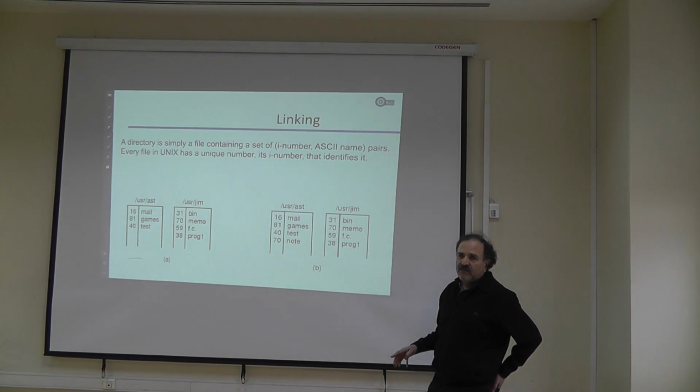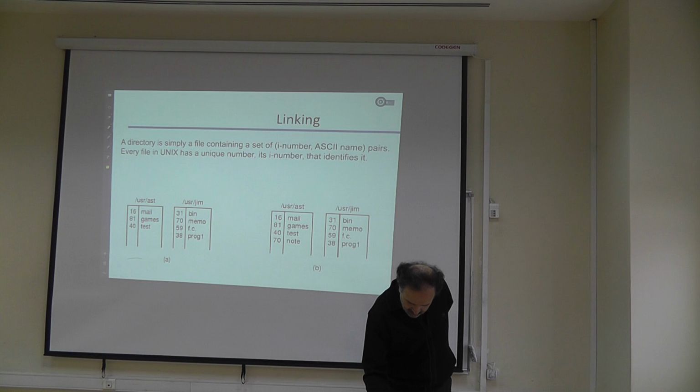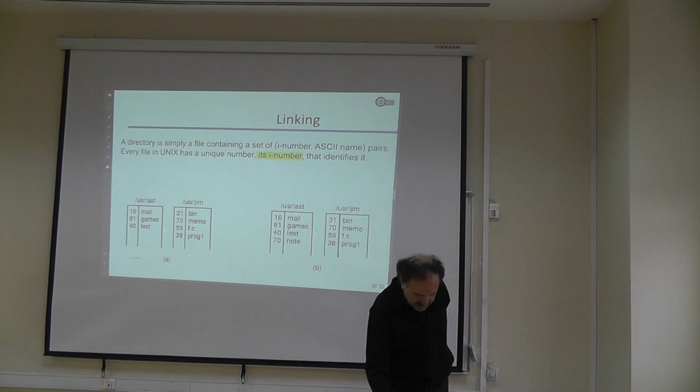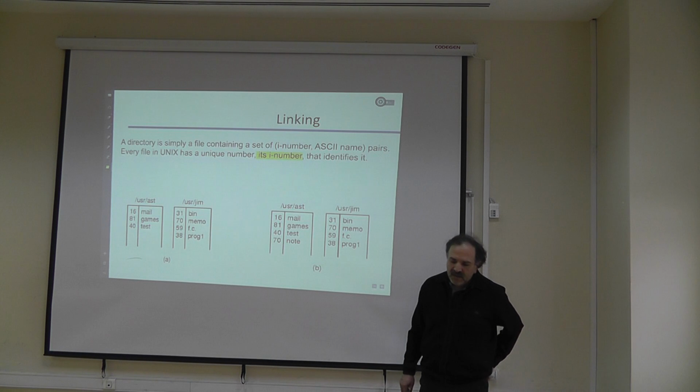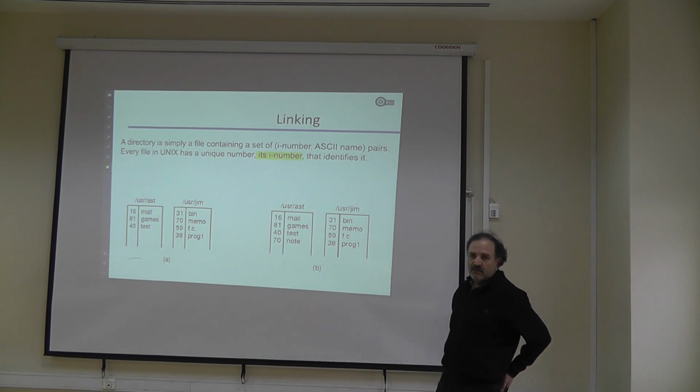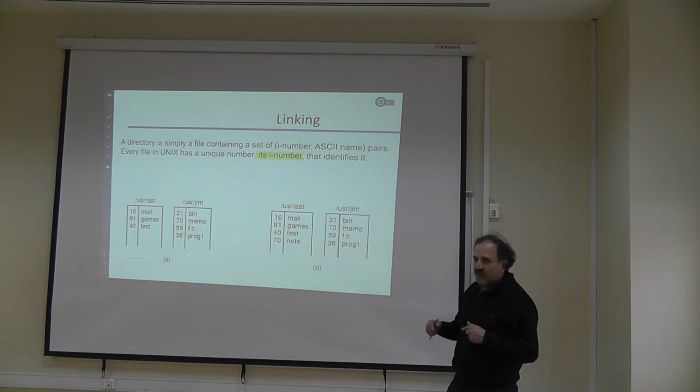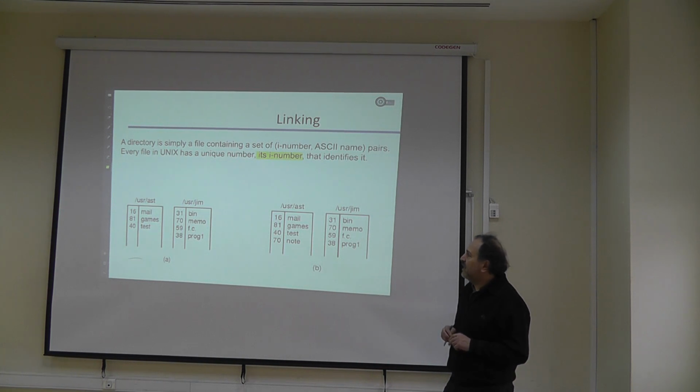Every file has a unique ID which is called the inode, the inumber. The inumber is the unique number for each file in Unix. That includes the directories. A directory is a special file, yet it is still a file, and all the files, including directories, have their inumbers.